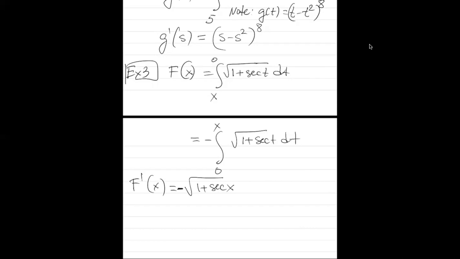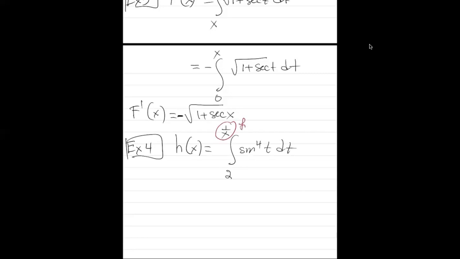If the lower bound is fixed, whether it's 0, 5, or any finite number, and the upper bound is x, you apply the fundamental theorem of calculus part 1 right away. If that's not the case, like in this example where h of x is the integral from 2 to 1 over x of sine to the 4th t dt, we have a problem because the upper bound is 1 over x.